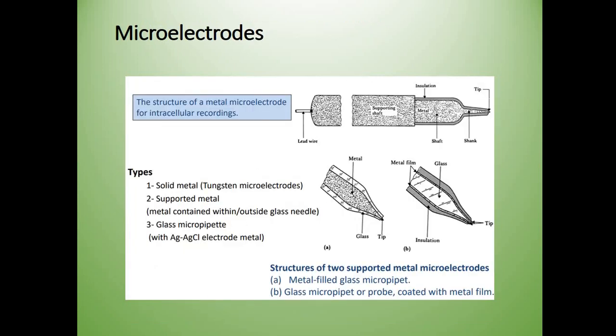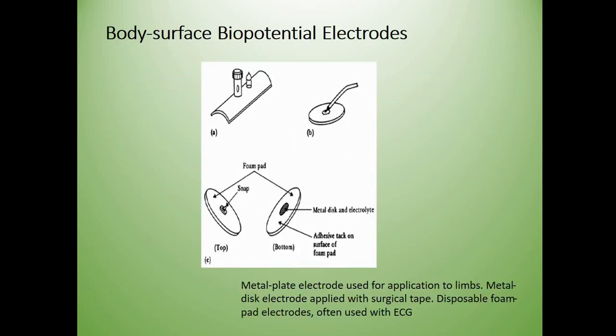So these are the different pictures of microelectrodes. As seen from the picture, the structures show metal filled glass micropipette and glass micropipette coated with metal film. Second type of biopotential electrodes are the body surface biopotential electrodes.